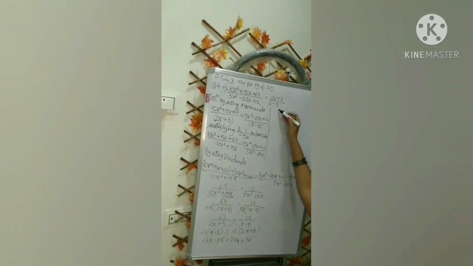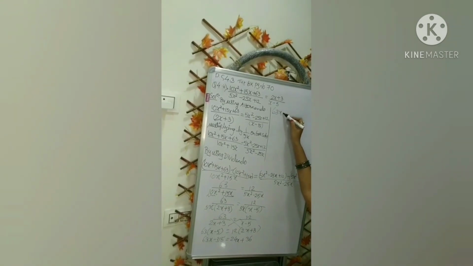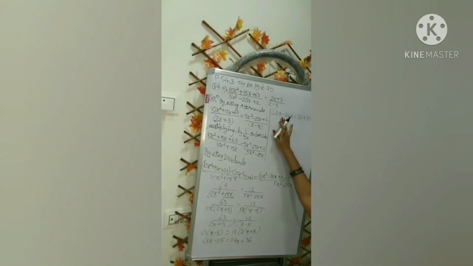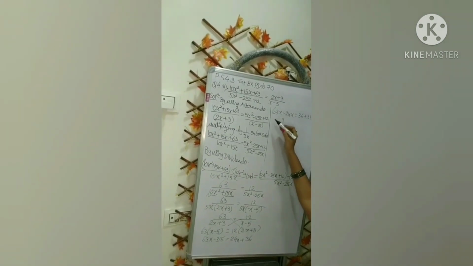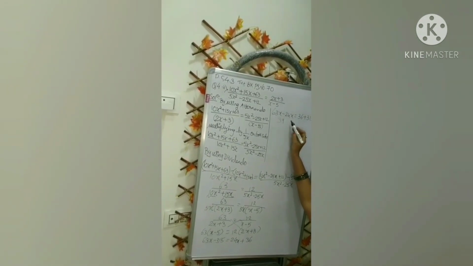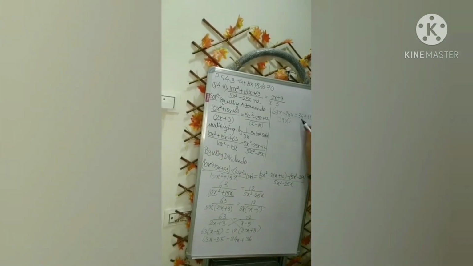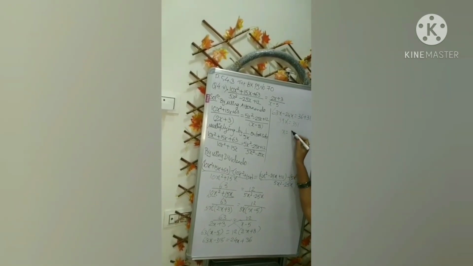Again, taking the like terms together, here I can write 63x minus 24x is equal to 36 plus 315. 63 minus 24 is how much, kids? 13 minus 4 is 9 and 5 minus 2 is 3, so 39x is equal to 36 plus 315, which is 351. So x is equal to 351 upon 39.